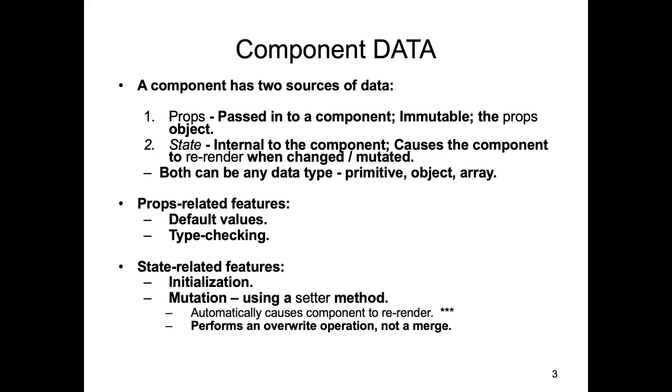We don't declare it using the let keyword or the const keyword. That isn't going to work. So there's a special way of declaring it, a special way of initializing it, a special way of mutating it. And as I've already said, when you mutate a state variable, that automatically causes the component to re-render or re-execute itself.